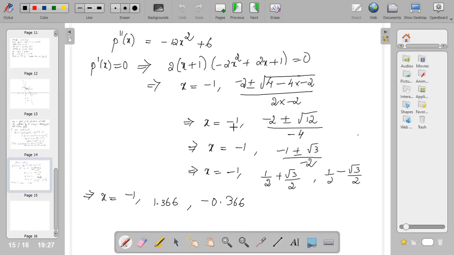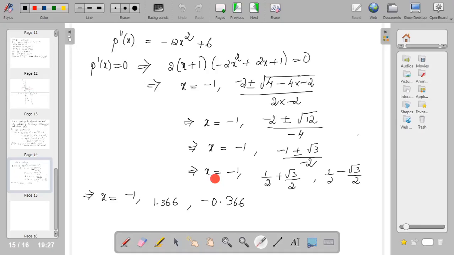So you will get minus 2 plus or minus root 12 by minus 4. Root 12 is 2 root 3, so 2 will cancel off, and you will get minus 1 plus or minus root 3 by minus 2.